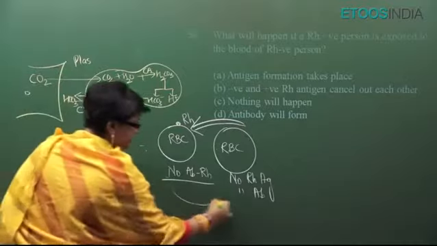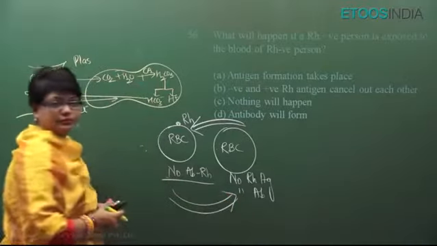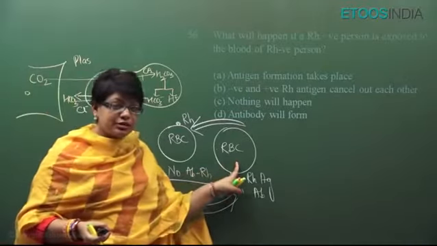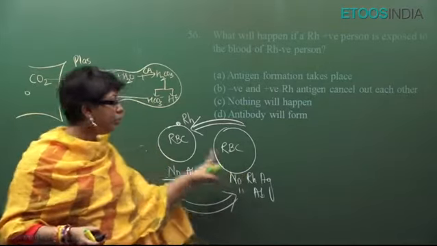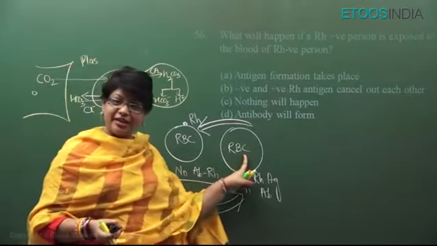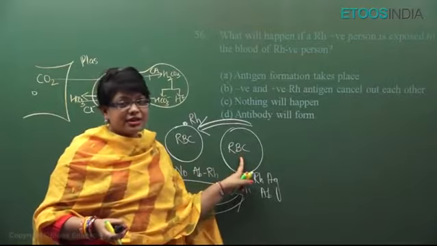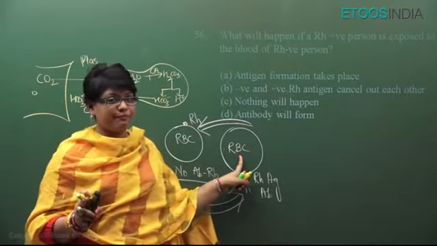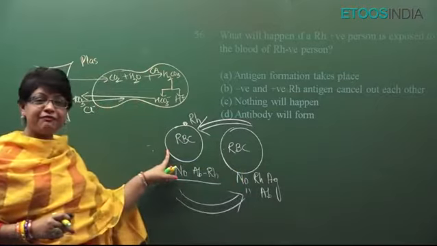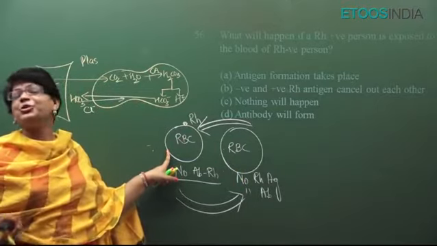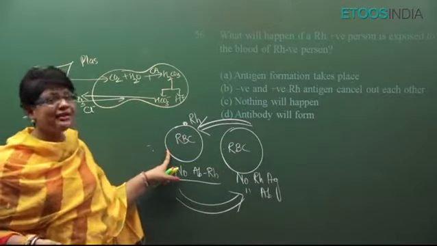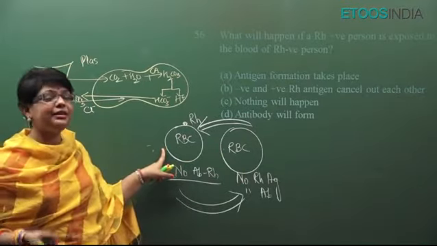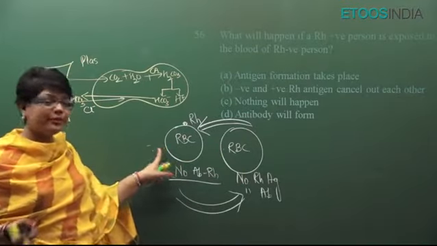If you do the reverse, then the immune system of Rh negative will receive Rh antigen, it works against it and forms antibodies against it. That is going to form a problem. But if you are giving Rh negative blood to Rh positive, then there is no problem because there is no antigen coming into this blood, no antibody coming into this blood. So there is no problem at all.